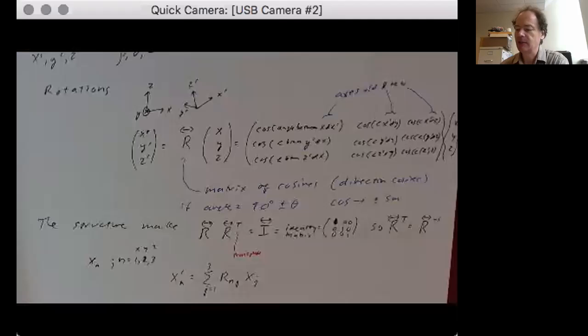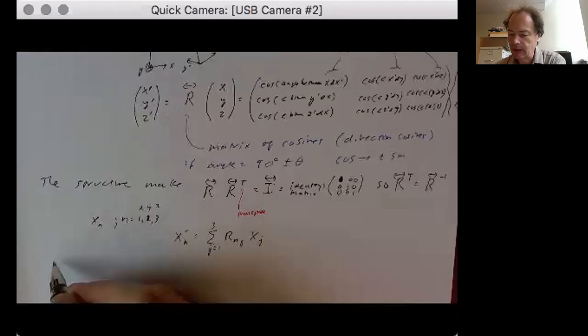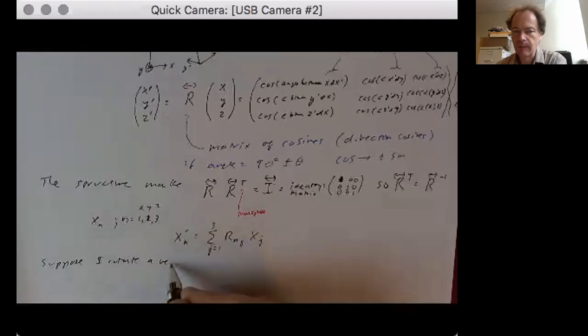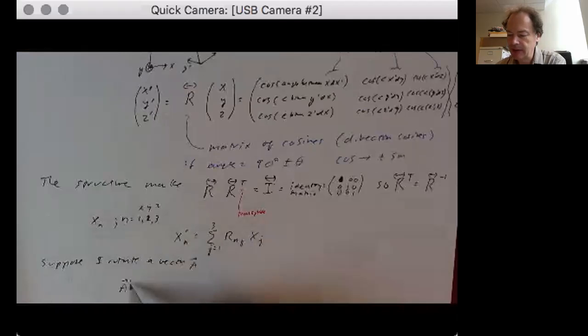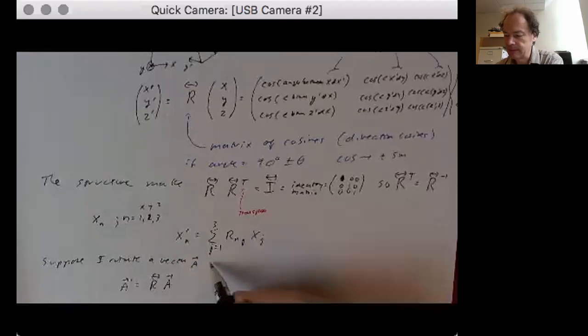There's one other thing: suppose I want to rotate a vector A. Then I do that by A prime is equal to, of course, my R matrix times A. How about a matrix?